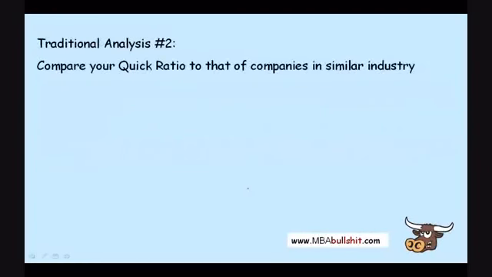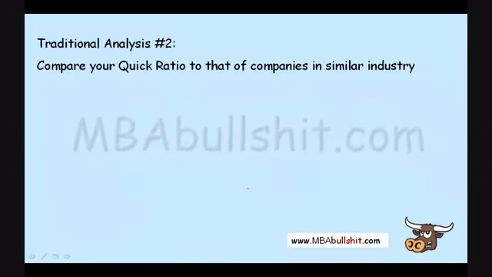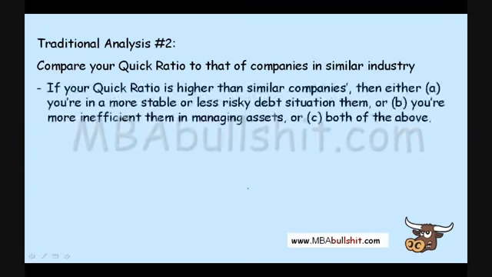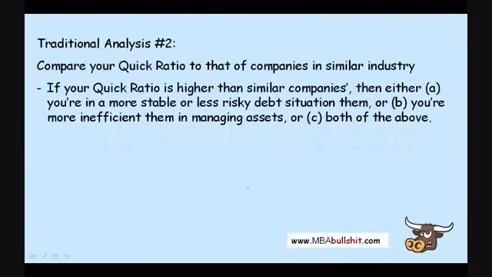The second form of traditional analysis is to compare the quick ratio to that of companies in a similar industry. If the quick ratio is higher than similar companies, then either it's in a more stable or less risky debt situation than them, or it's more inefficient than them in managing assets, or both of the above.